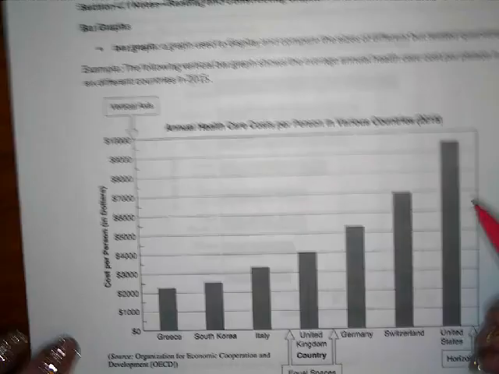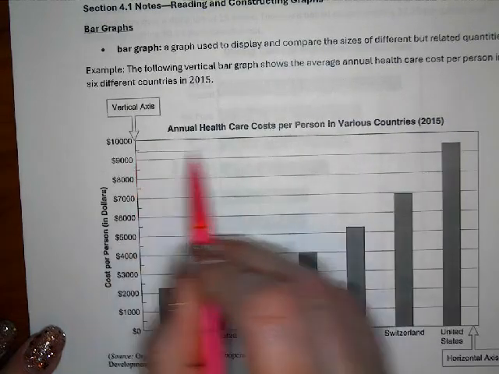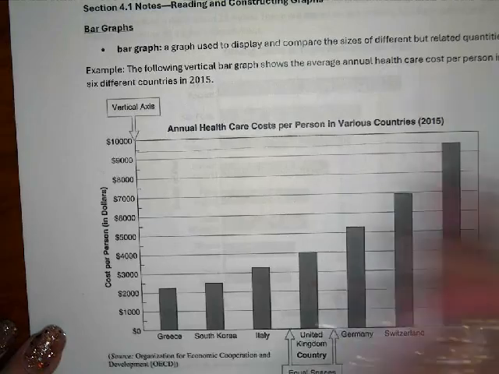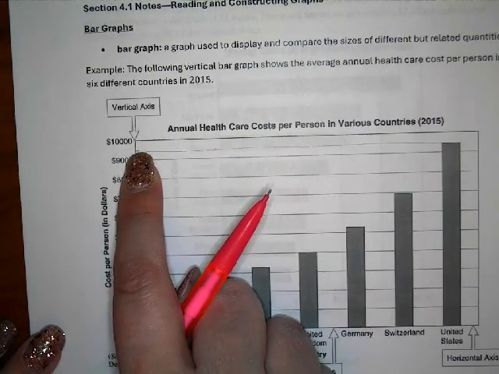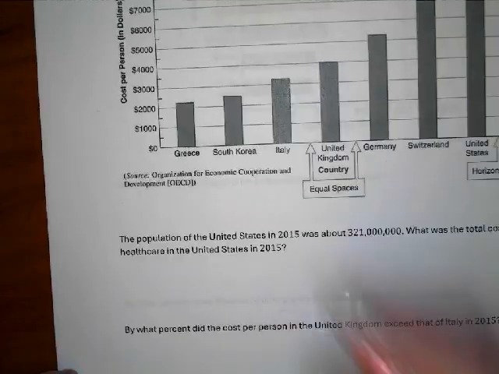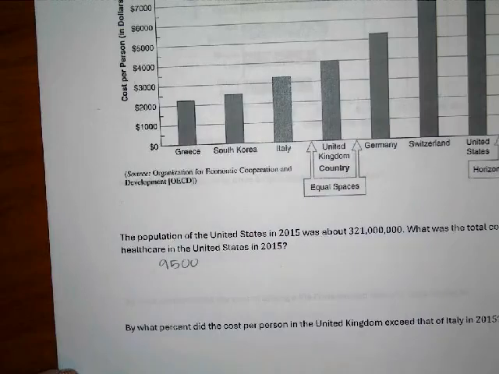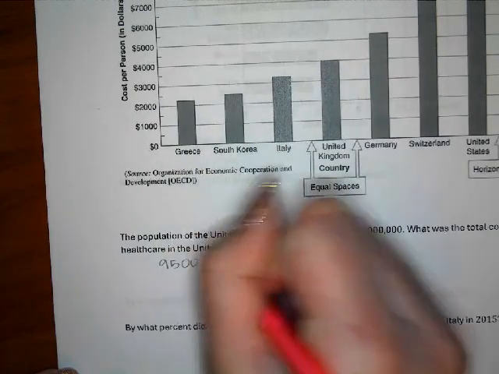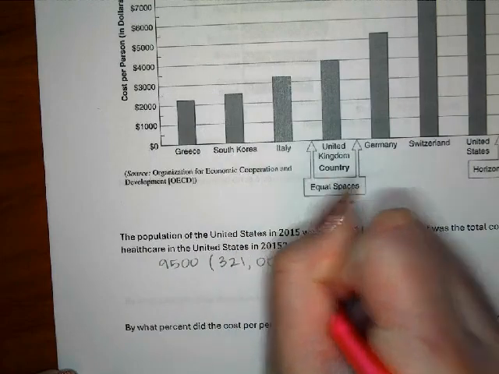The average healthcare cost looks to me to be about in the middle, so 9,000, 10,000, so 9,500 for one person, multiplied by 321 million people.